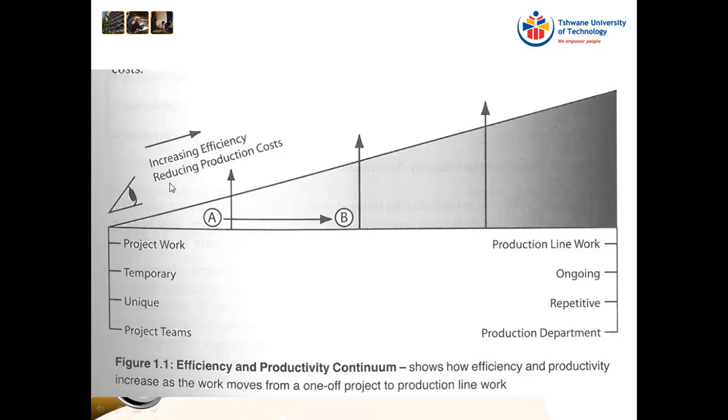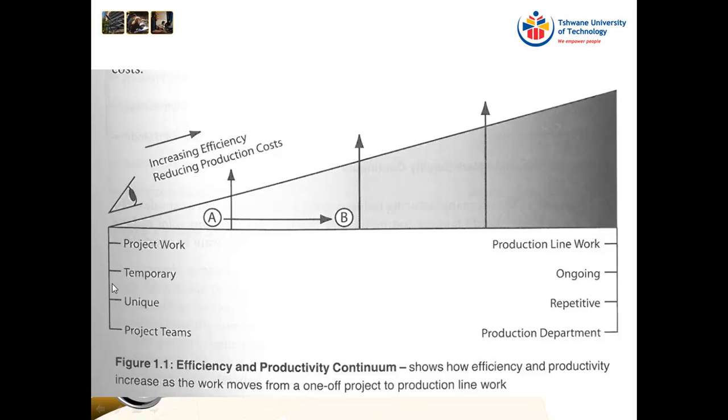So now what happens is when we want to increase efficiency and reduce production costs, we then go over to production line work, and this is now where it becomes ongoing and repetitive, and it's done by the production department.